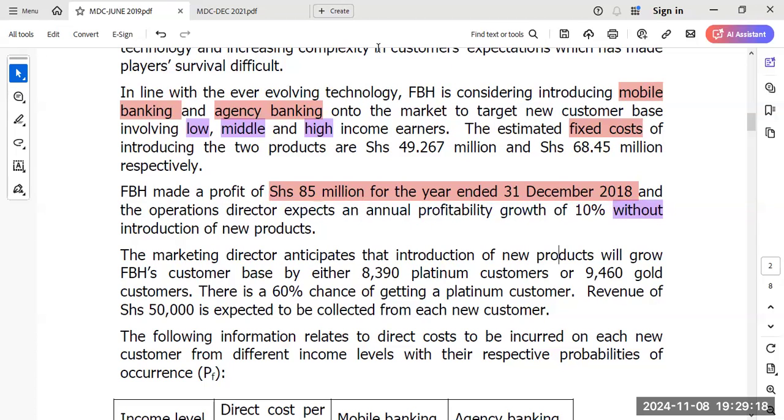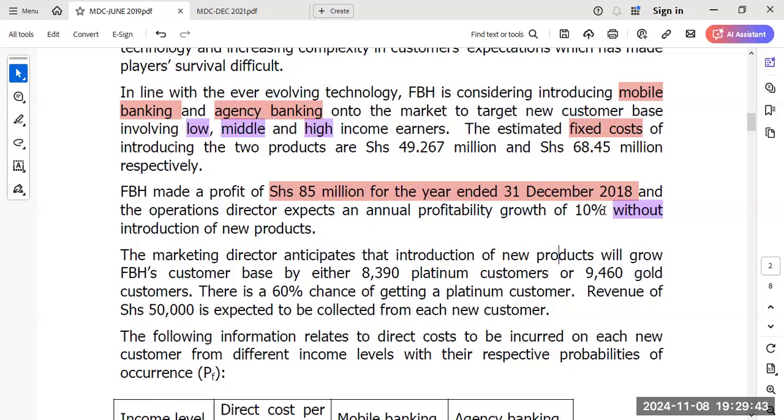So this is very key, colleagues. If you remember, you have the option to introduce products into the market, but you have another option of not introducing products onto the market. So if I don't introduce any new product, still my profit will increase.